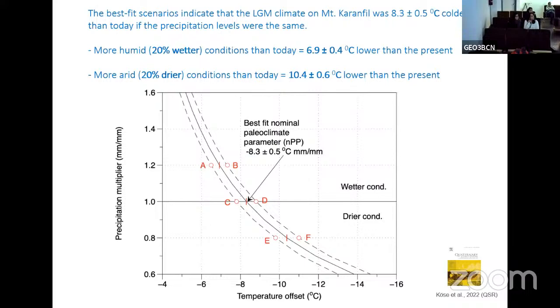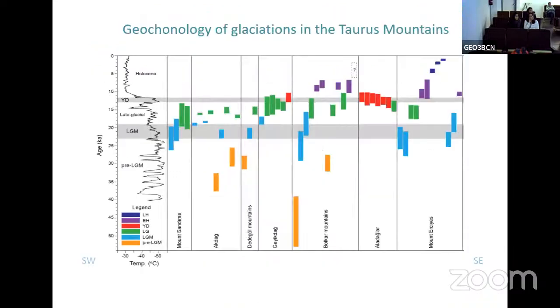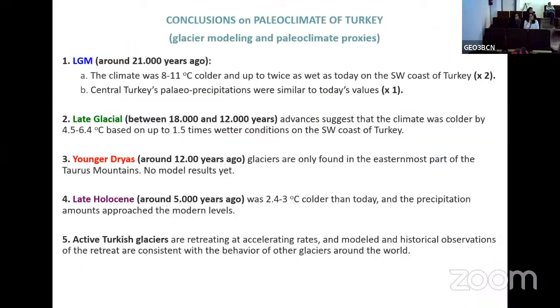And in the best fit model, it's again the same thing. You need like an 8 degrees Celsius drop compared to today's conditions. This is all Taurus Mountain. I'll skip that. These are the conclusions for the paleoclimate of the country.